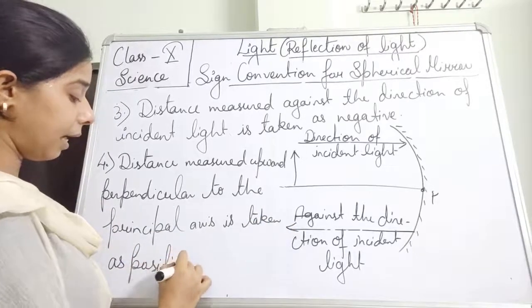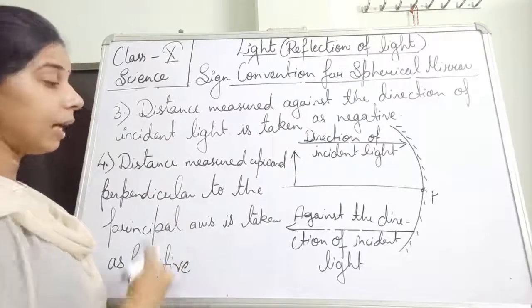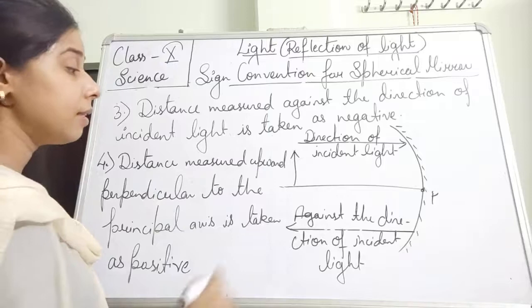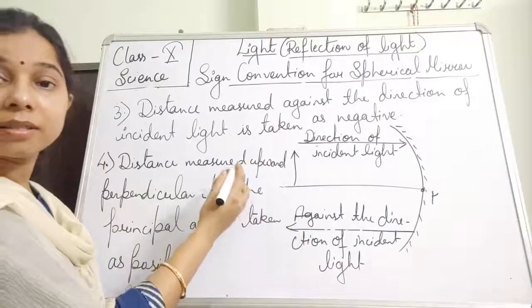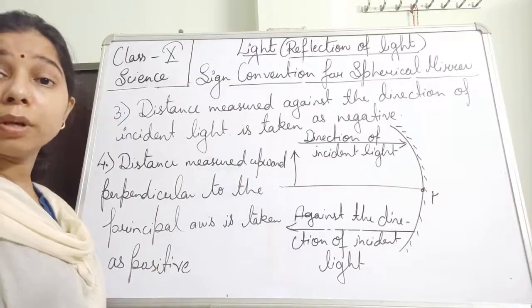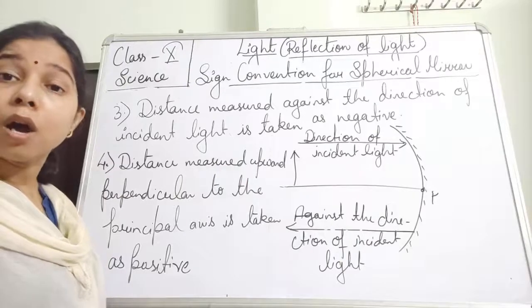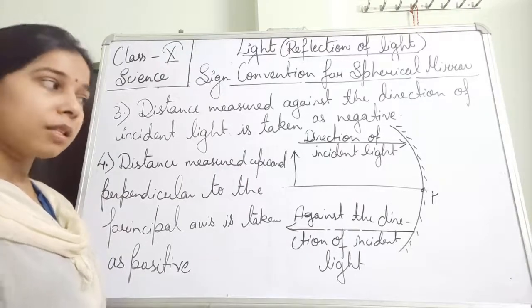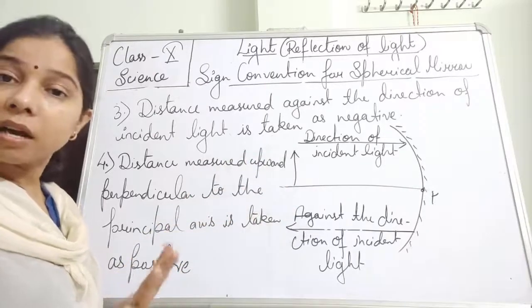So by that we can say here, since it is in the upward direction, the distance that we will take here, we can say it is a height, student. So that height will be taken as positive. And the distance, which is the height in the downward direction, will be taken as negative.